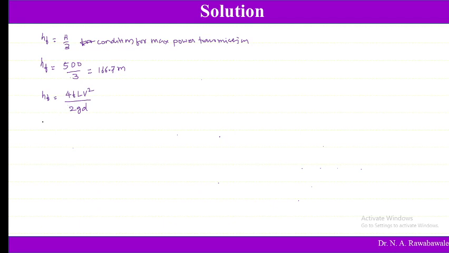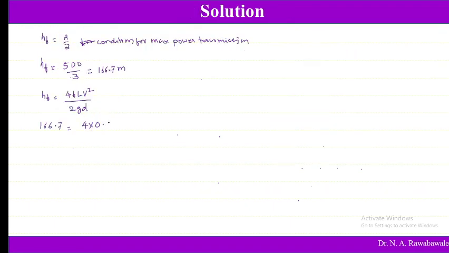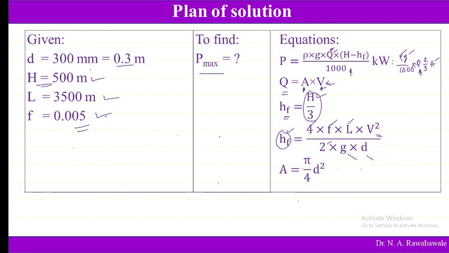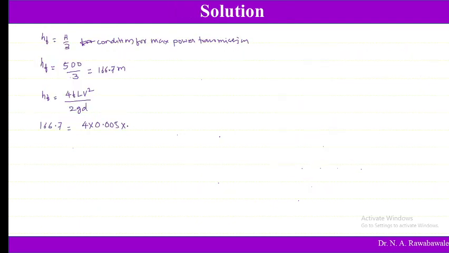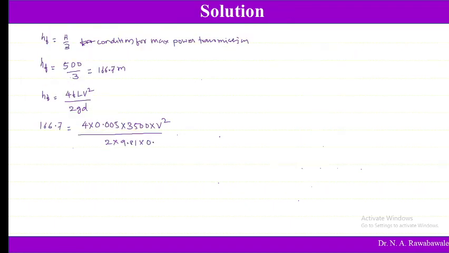So now hf value is 166.7, which is equal to 4 into f value, which is 0.005, into L value, which we know here is 3500, which is given, into V square divided by 2 into G, which is 9.81, into diameter of pipe, which is given as 0.3 meter.